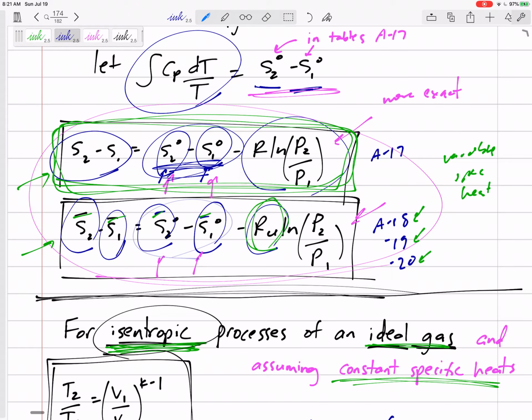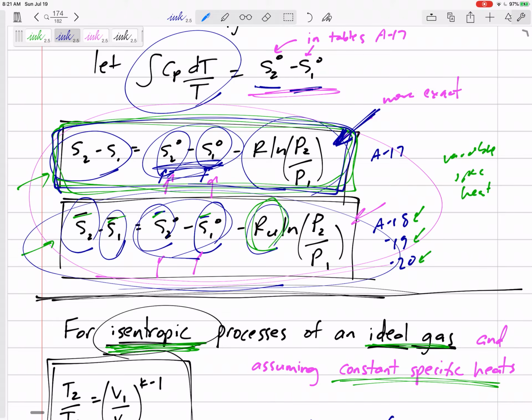Because this is air, I don't want these bars per mole. I want these per kilogram. So I'm going to use this equation right here. I know the P2 and P1. I can find the S2 naught and S1 naught from the temperatures from property tables.